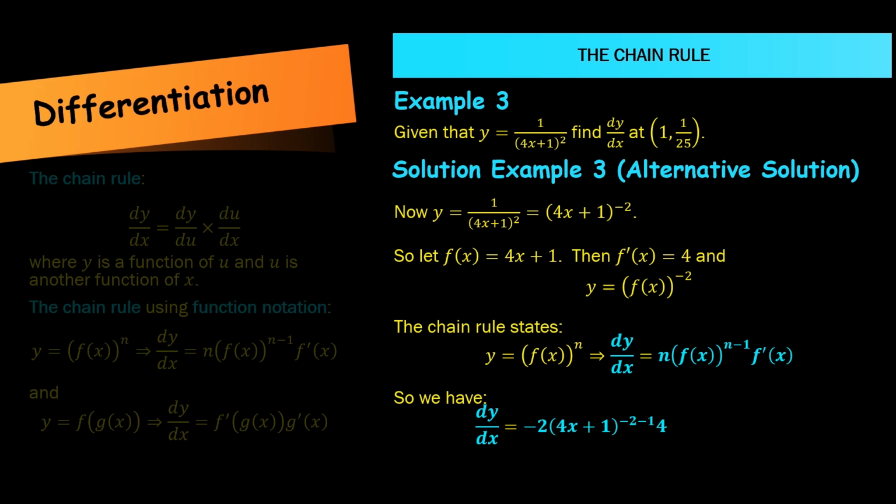And of course we can tidy this up. -2 times 4 is -8. 4x plus 1 is here. And -2 minus 1 is -3. And therefore dy dx equals -8 times 4x plus 1 raised to the -3.